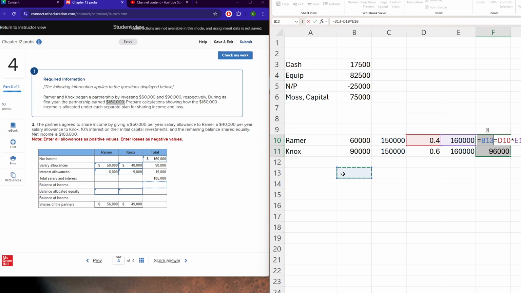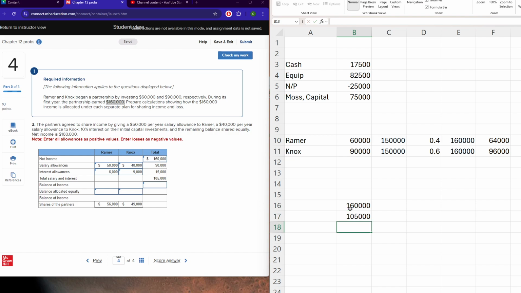I'll use Excel as a calculator real quick. So I'm going to do equals 105. I'm doing it wrong. Okay. So each of them will get, oh, hold on, that's not right. Let's try it again. So we'll do 160, which is the total amount to distribute. And we'll subtract out the amount that is spoken for.